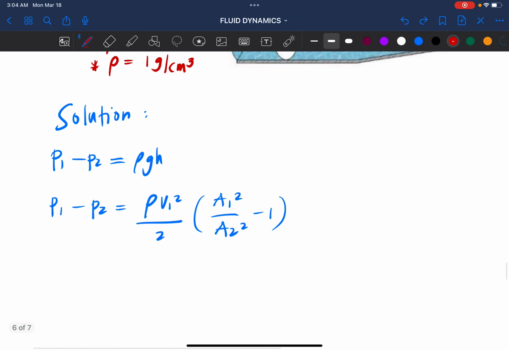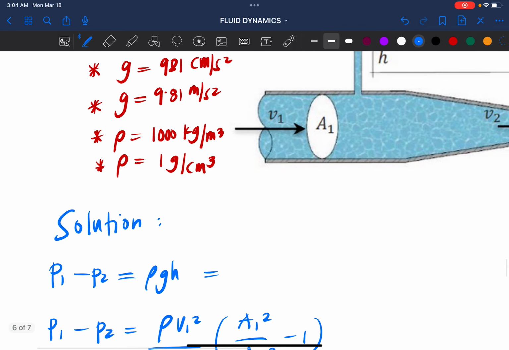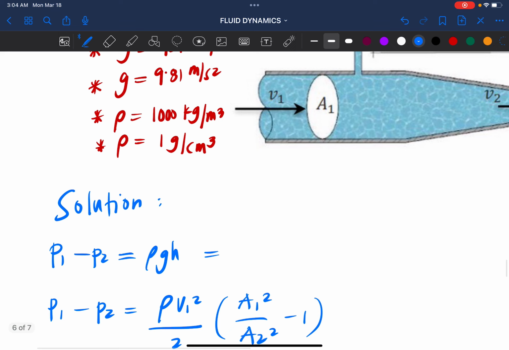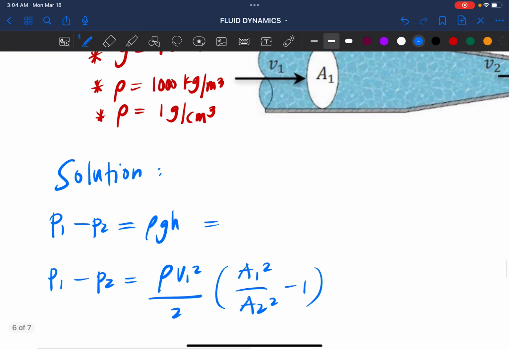So, substituting yung mga values na alam natin, tandaan nyo class na ang gagamitin natin units dito is dynes, grams, at saka centimeter. Okay? So, ang density ng water kapag naka-centimeter at saka grams is equal to 1 gram per cubic centimeter times yung gravity.